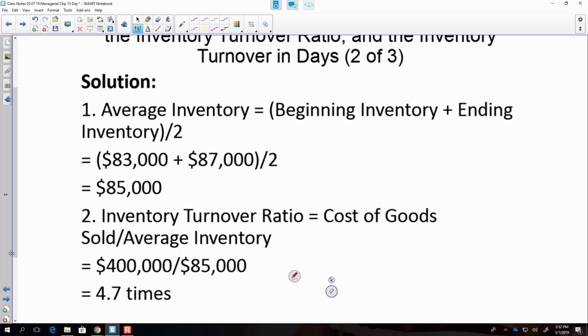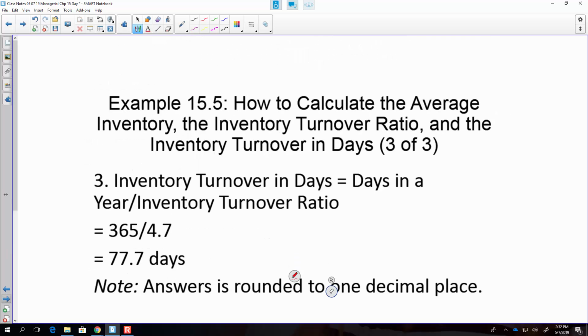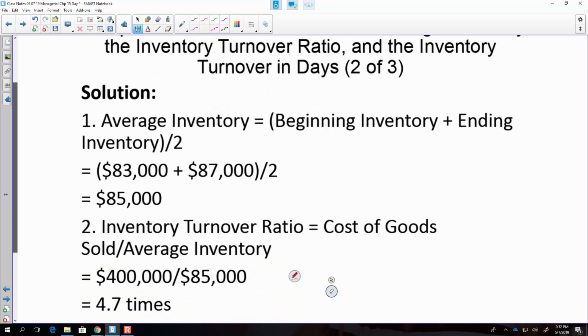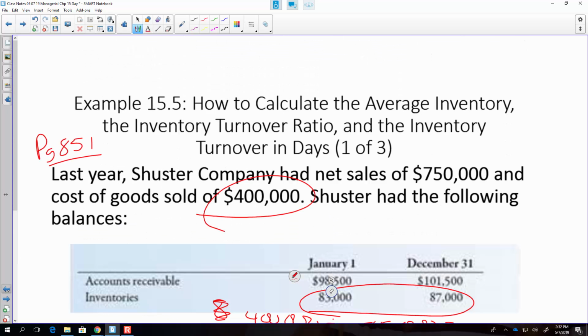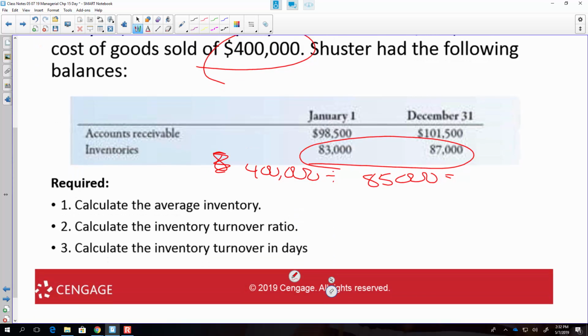It's 4.7, which roughly adds up to 77 days. So 4.77 times per year that we turn over inventory.